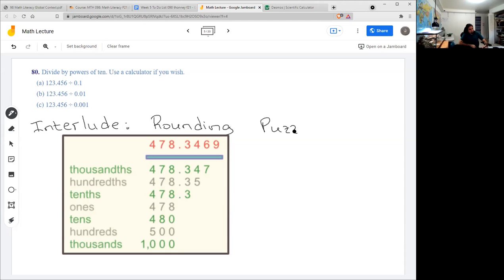They tried to round it to thousandths, and they got this answer. Then they tried to round our original number to hundredths and got that answer, and so on. One of these is wrong. Who can find it? If you find it, don't shout out and spoil it for everyone, but put your thumb up in the Zoom reaction time.